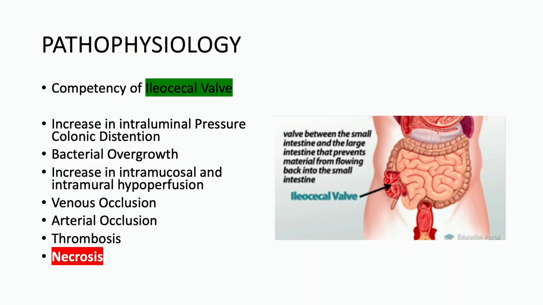A competent or a functioning ileocecal valve prevents the backflow of colonic contents back into the small intestine. Thus, this increases the risk for colonic strangulation because of failure to decompress the colonic contents back into the ileum.